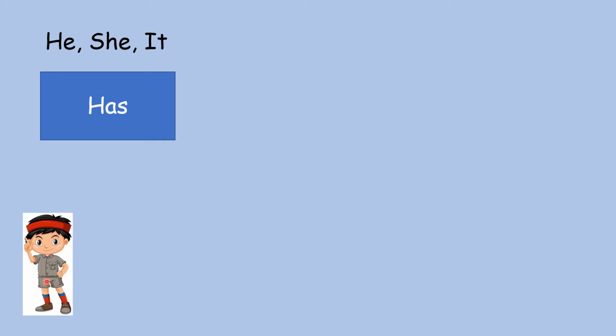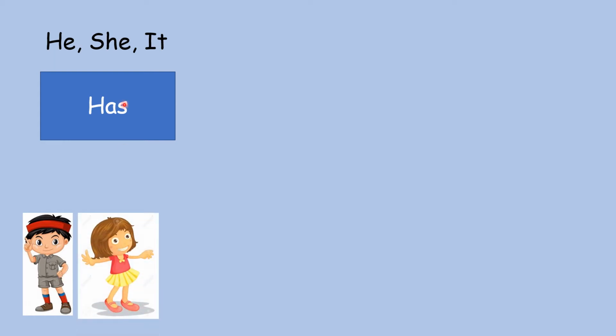This is a boy, so he stands for a boy or a man. She stands for a girl. And it stands for a thing, or you can use an animal. So if I use the word has along with these pronouns, it will sound like this.